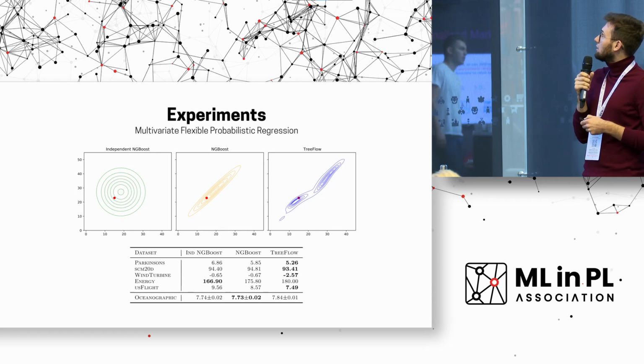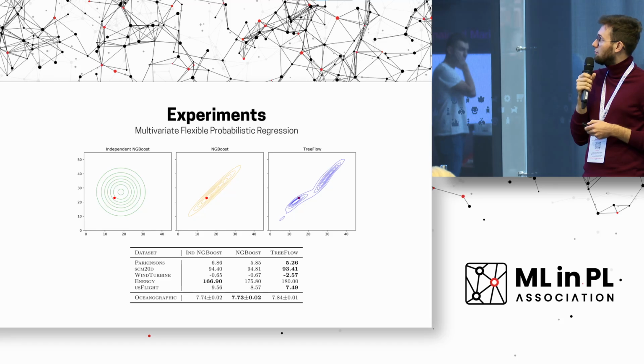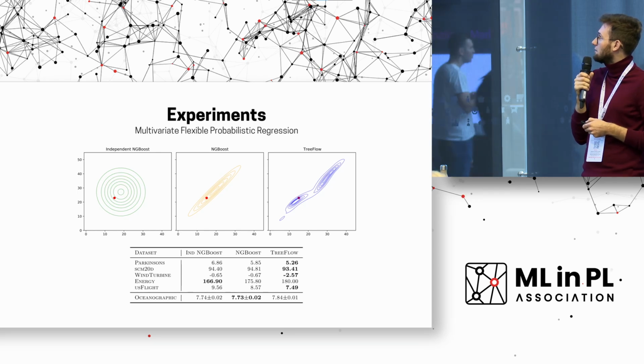And at the end, we've got Treeflow. It found not only the correlation but also the multimodality: one modality, the second one, and probably a third one here. What is important, at least for part of the data sets, is that it significantly improved the results. For example, on the Parkinson data set we see a significant reduction of the NLL metric, and also for other data sets.